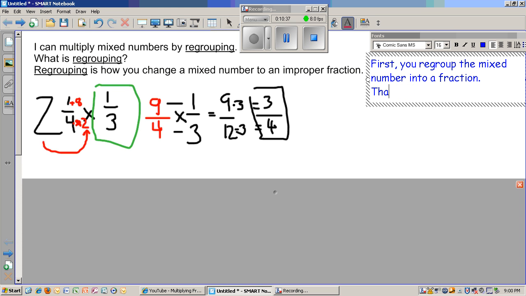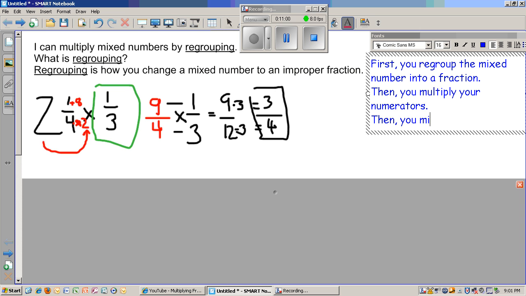Okay. Then you multiply your numerators, okay? Then you multiply your denominators.